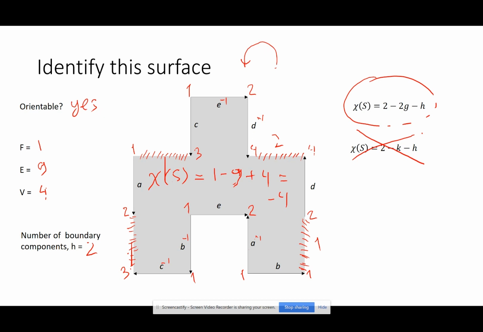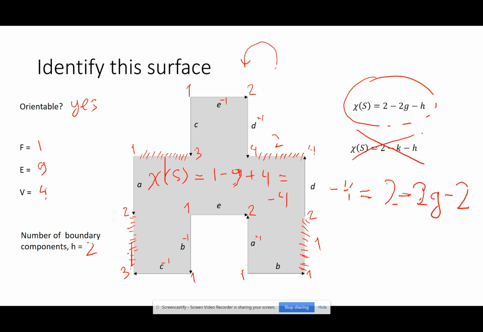So now let us treat it as the equation on G. The left-hand side, the Euler characteristic, is -4. It equals 2 minus 2G minus H, where H is the number of boundary components. The number of boundary components is 2, we have already found it.